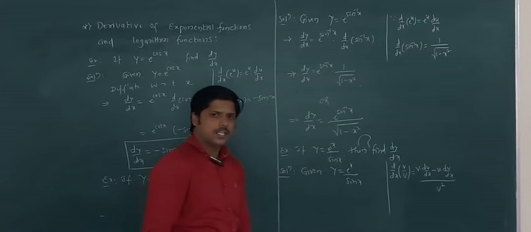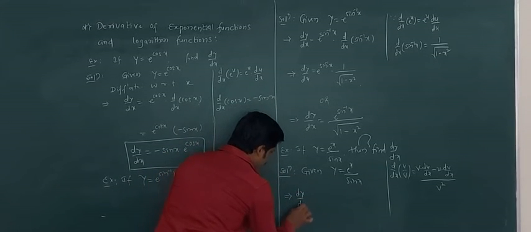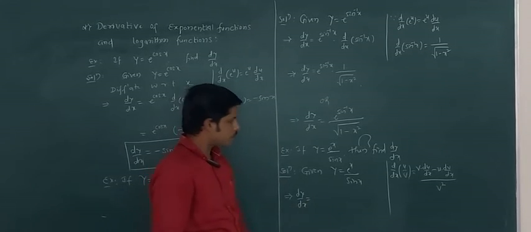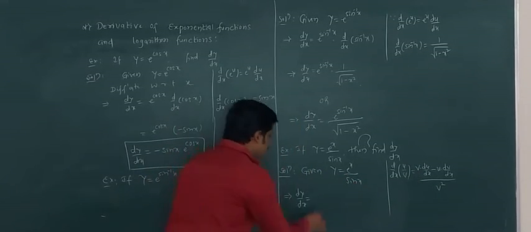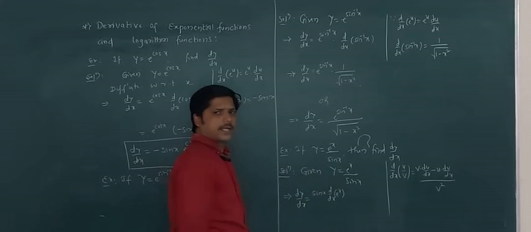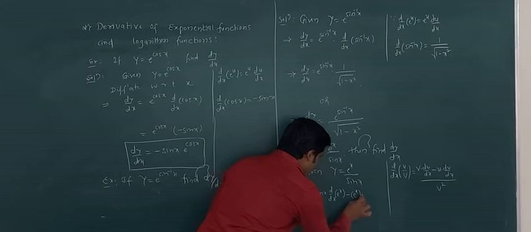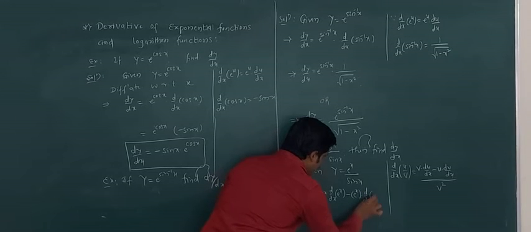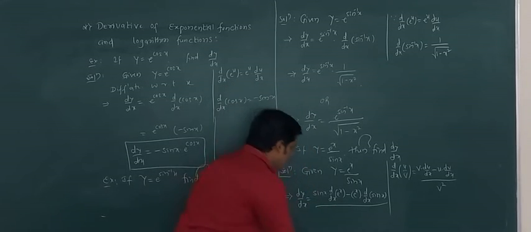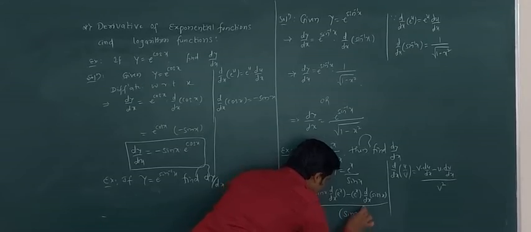So applying this formula, differentiating the LHS side, dy by dx is equal to, here second function is constant, that is sin x, then differentiation of the first function, that is d by dx of e to the power x, minus first function constant, then differentiation of second function d by dx of sin x, whole divided by v square, that is sin x whole square.